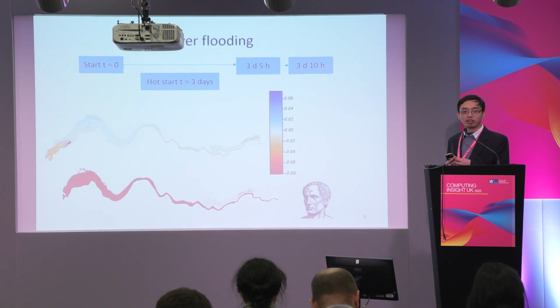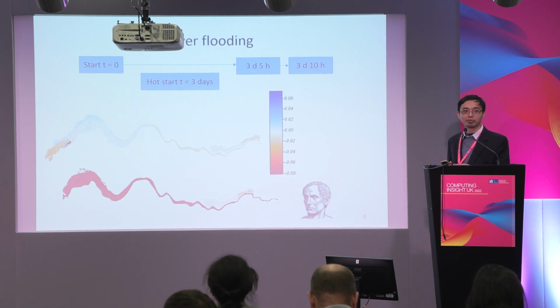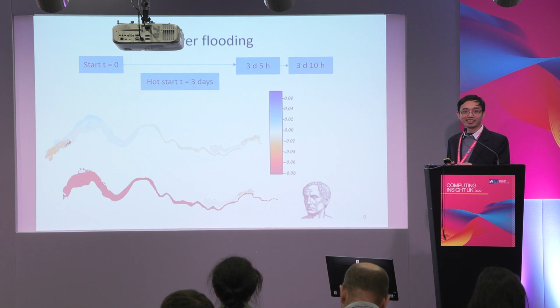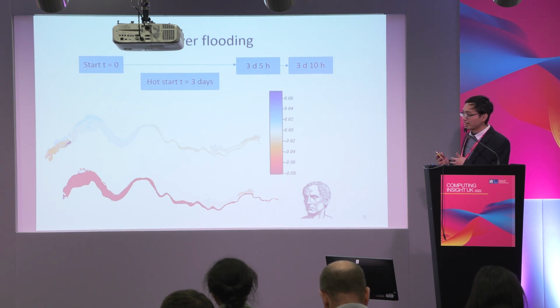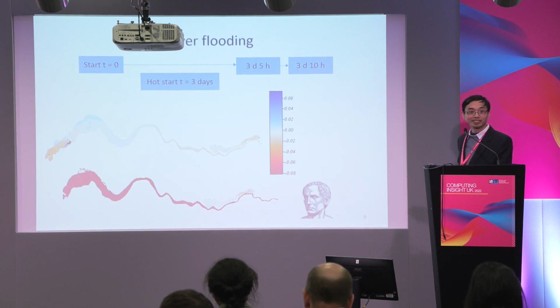Okay, and your second question is how to automate the process. Yes, it is still very difficult because we cannot do it automatically yet, because to judge when the river flow is reaching an equilibrium phase, a steady flow case, is not very easy.